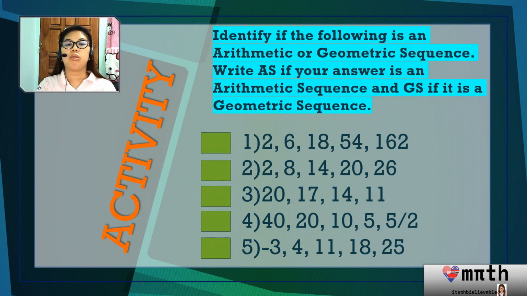Number 2: 2, 8, 14, 20, 26. Number 3: 20, 17, 14, 11. Number 4: 40, 20, 10, 5, and 5 over 2. And last number: 5, negative 3, 4, 11, 18, and 25.